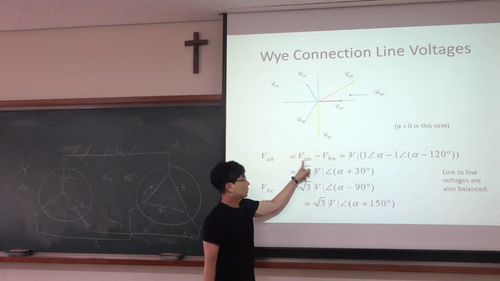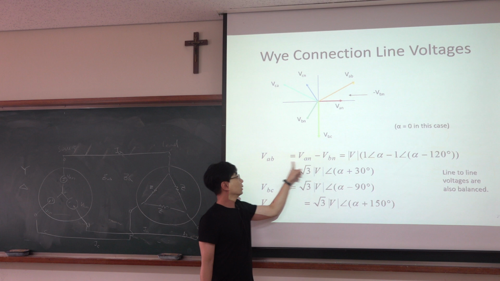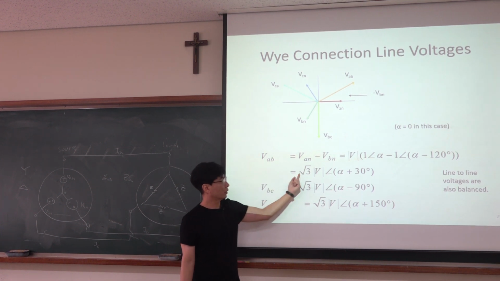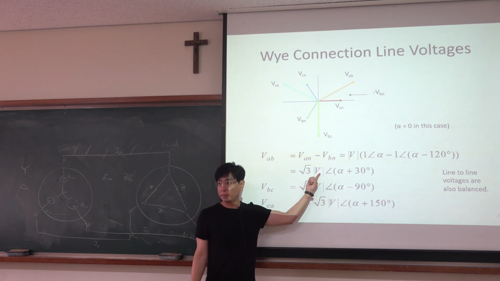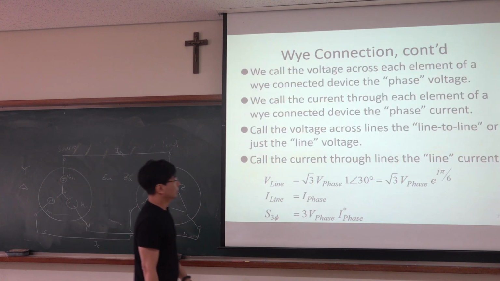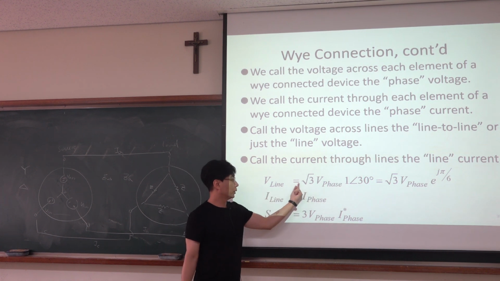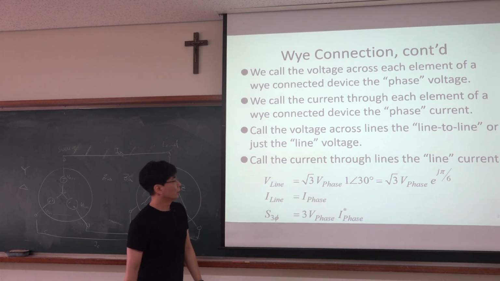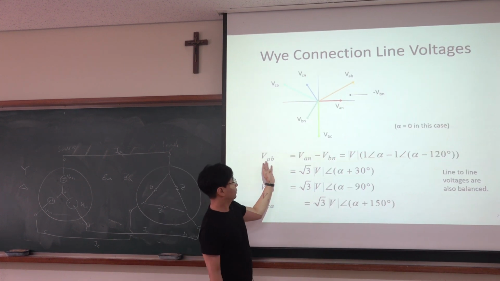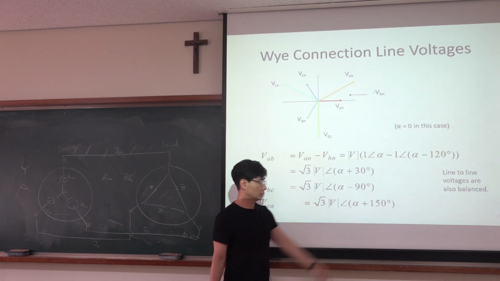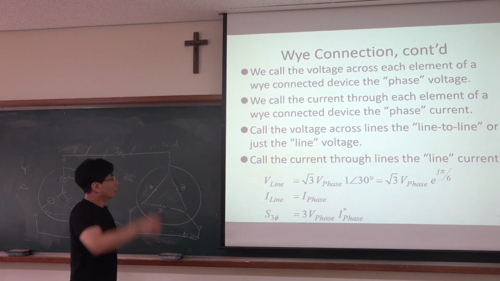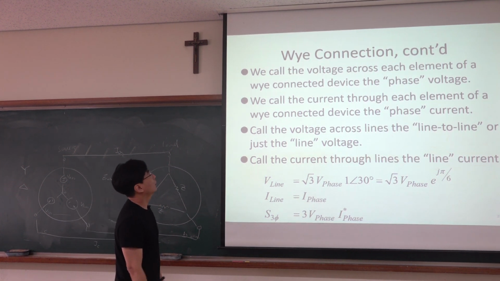This is called a phase voltage, and this is called a line voltage. The line voltage is square root 3 times the phase voltage, and in this case there is a 30-degree difference.